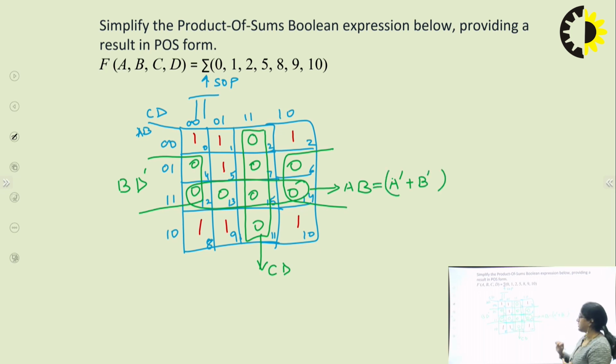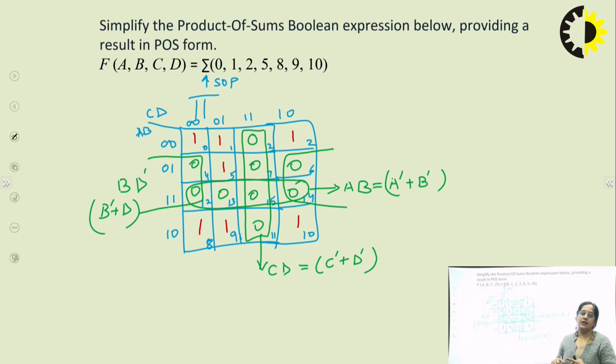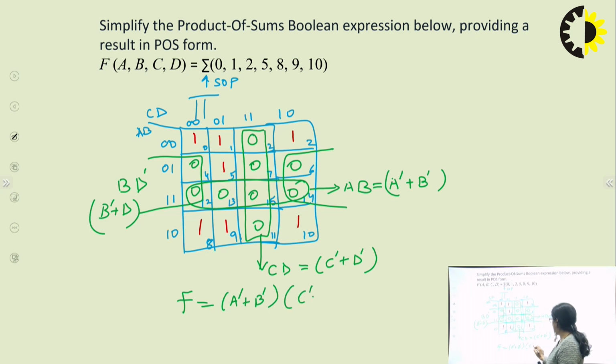This is equivalent. And here we write B dash plus D. We complement the term literals and ANDing changes to ORing. So now our minimized function is (A dash plus B dash)(C dash plus D dash)(B dash plus D dash).